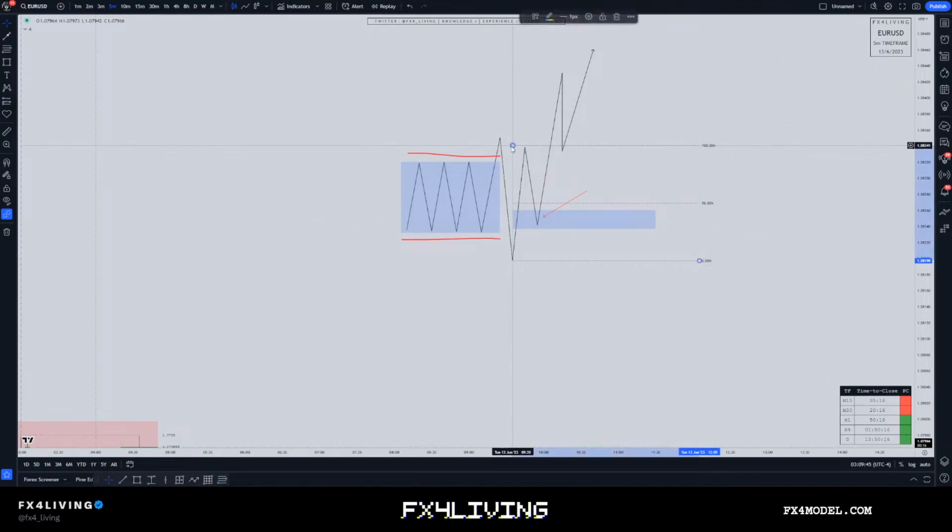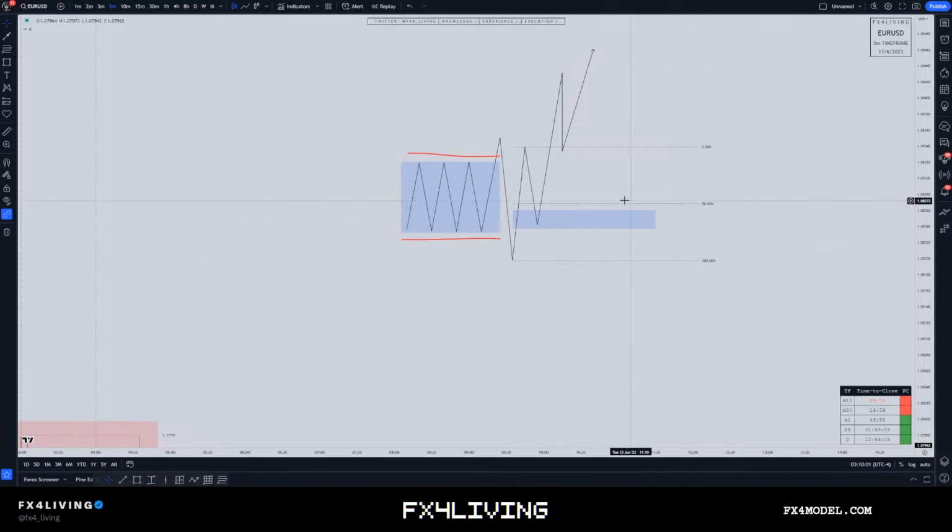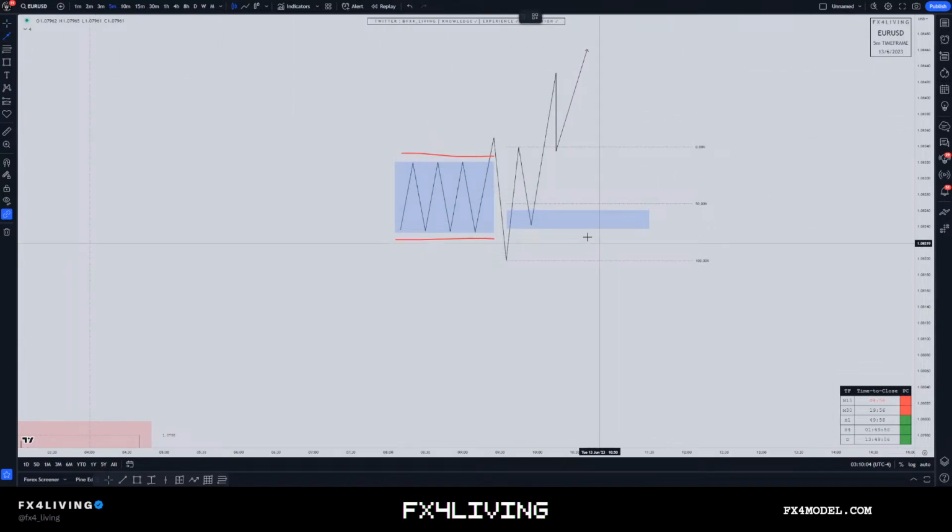Because look, if we take the displacement range from the high to the low, this is your high, this is your low. So this is your displacement range. I'm going to put it inverted because I want to see the 100% below. Price is not supposed to retrace from 100% and take those people out, because that's not what we want to see.